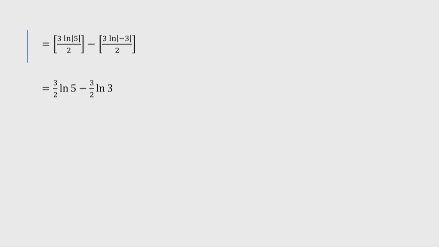Note that modulus of a negative number is positive, so we obtain 3 over 2 ln 5 minus 3 over 2 ln 3, which is equal to 3 over 2 into ln 5 minus ln 3. Using log law, it can be further simplified as 3 over 2 ln 5 over 3.